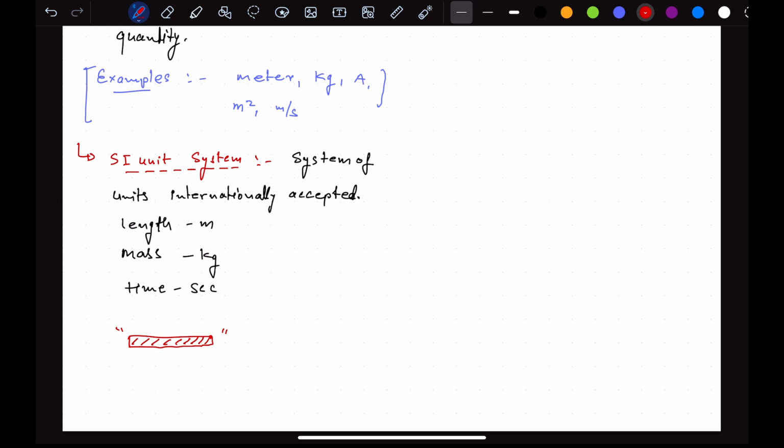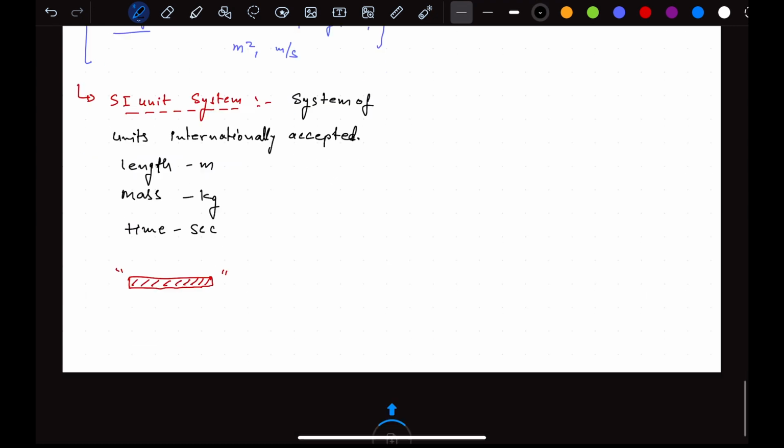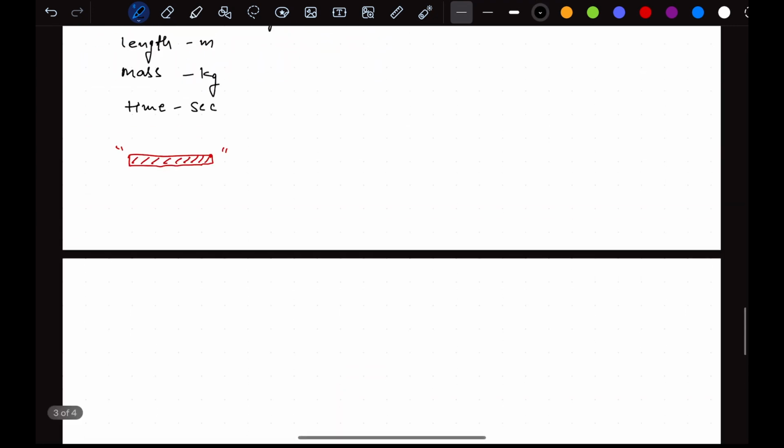Like for example, if I'm measuring this using this scale, I'm getting 2 meter, another person measures at some different point of time, he gets 4 meter. It means the length of this scale is changing maybe. So that kind of thing should not happen. It means if any kind of unit system or unit you are taking, that unit should be invariable. It should not change with time.